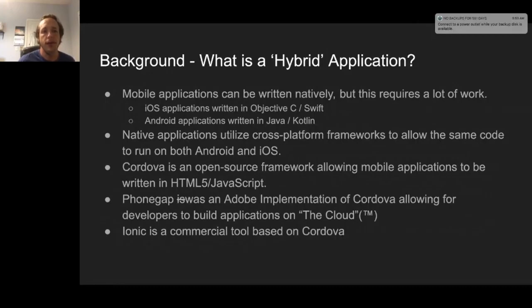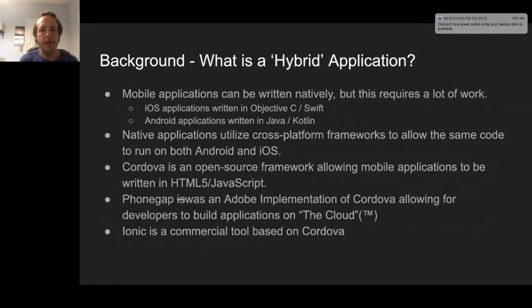So Cordova is an open source framework written originally by Apache that lets you write these mobile applications exactly the same way as you would write your web applications. And PhoneGap is, or rather I should say was, an Adobe implementation where you could use a cloud-based build system. So you didn't even have to have a Mac to build iOS applications and an Android system to build applications for that. You could just do it all in the cloud.